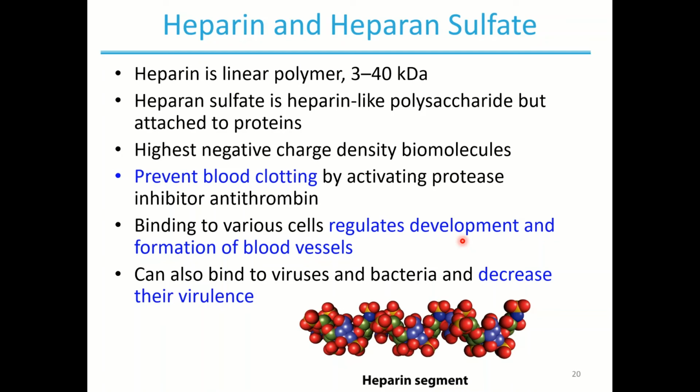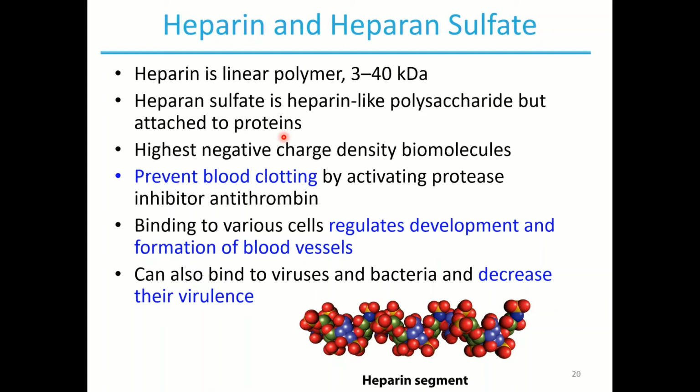Heparin you've probably heard of, and heparin sulfate. Heparin is a linear polymer of about 3 to 40 kilodaltons. Heparin sulfate is the heparin-like polysaccharide, but it's attached to proteins.